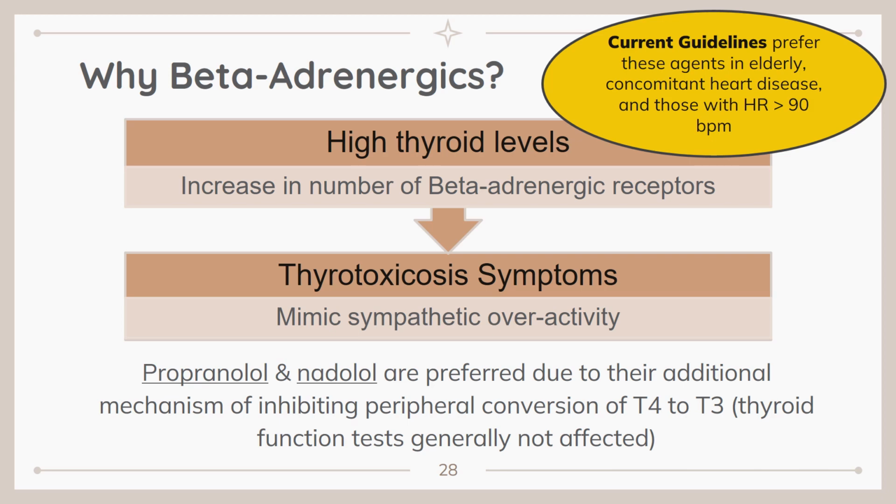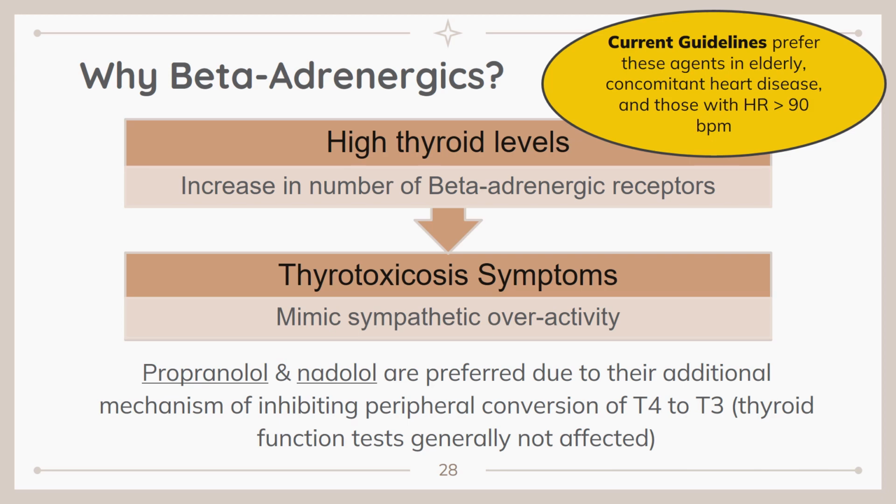So why are we mainly focusing on beta adrenergics such as beta blockers for symptomatic relief? In patients with high thyroid levels, there's an increase in the number of beta adrenergic receptors overall, and this could lead to those hyperthyroid symptoms that we mentioned, such as tachycardia, and those thyrotoxic symptoms mimic sympathetic overactivity.